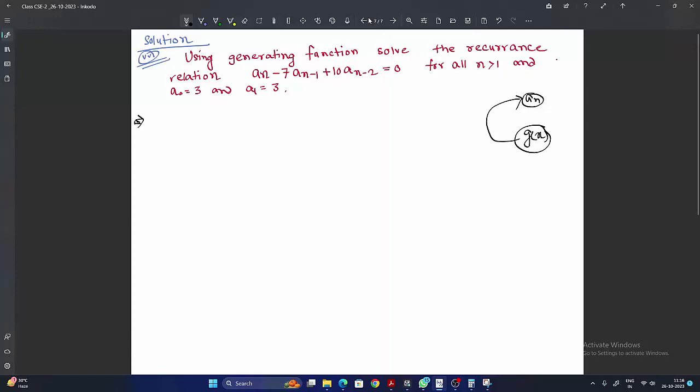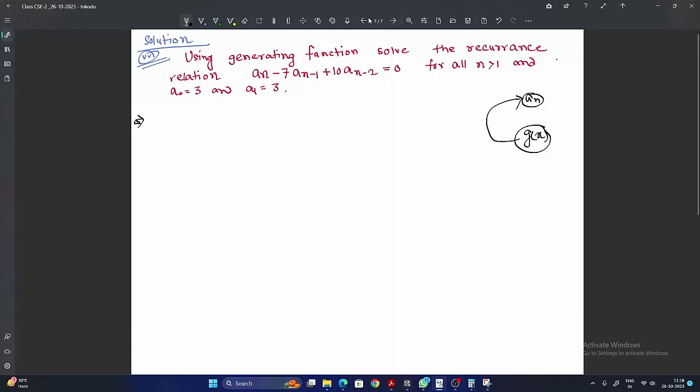So first we find the generating function, then from it we extract a_n. That is the process. So we assume that g(x) is a generating function of this a_n sequence.